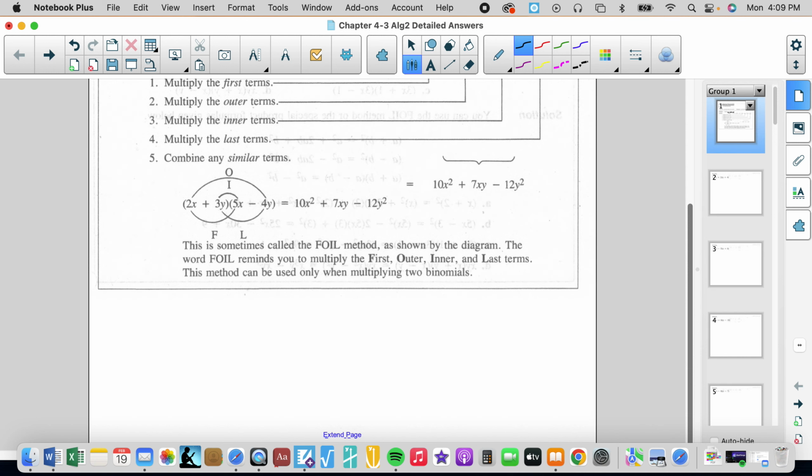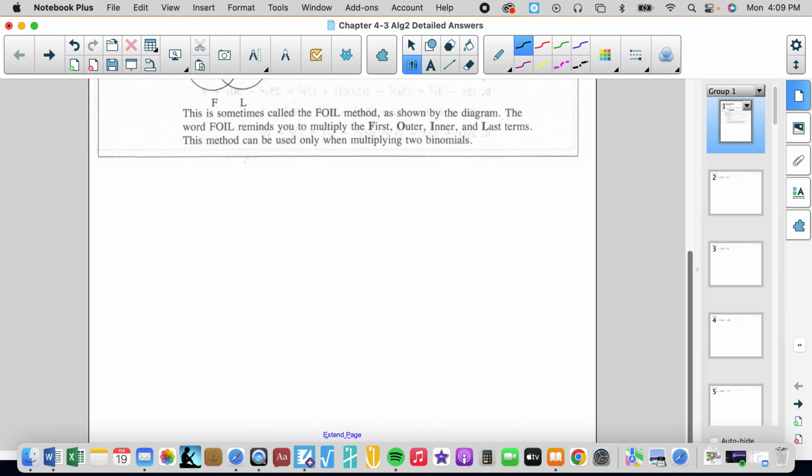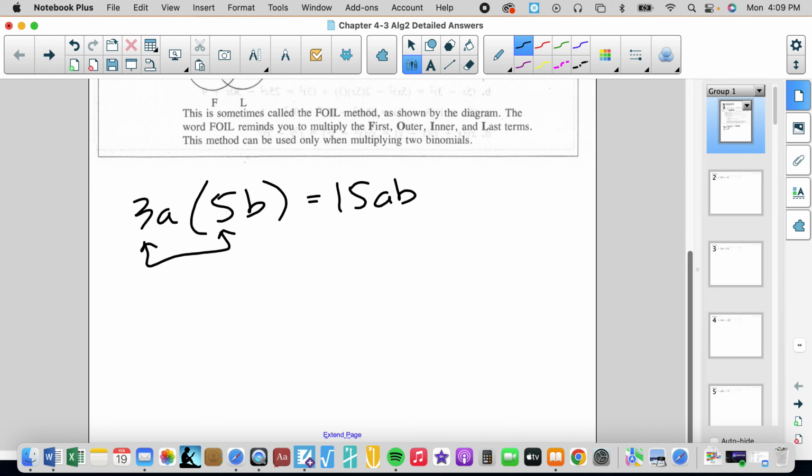Typically, something like this is a monomial times a monomial. We multiply their coefficients and then their variables. Then they amp it up a little bit.